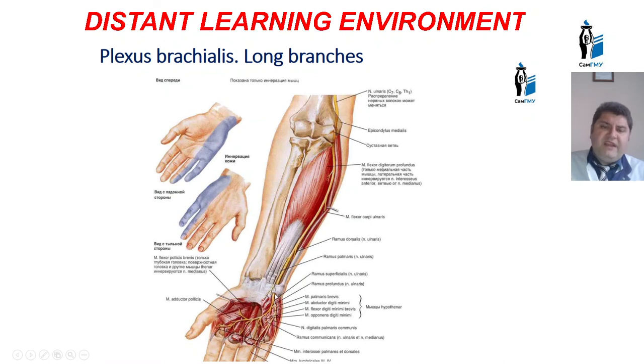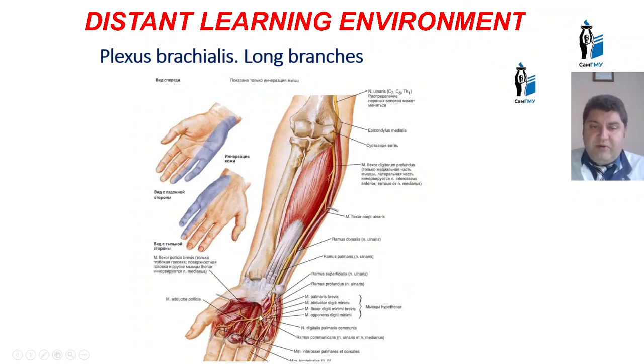It gives branches for muscles of the hypothenar: musculus palmaris brevis, musculus abductor digiti minimi, musculus flexor digiti minimi brevis, and musculus opponens digiti minimi. You may read these names here on this picture.